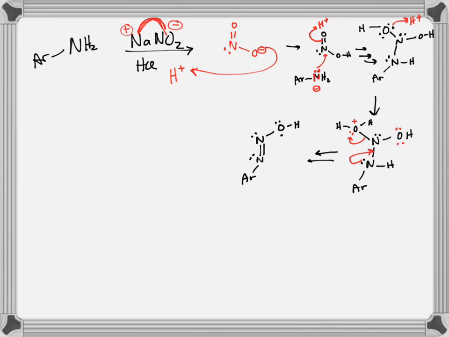We will go through and protonate that other oxygen. We still have acid around. What does that result in? A great leaving group. So we can try and take electrons away, but then what happens to that upper nitrogen? Missing electrons.